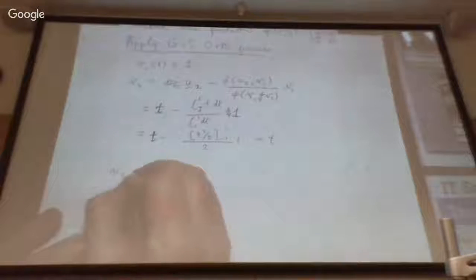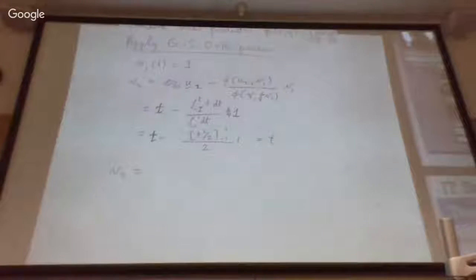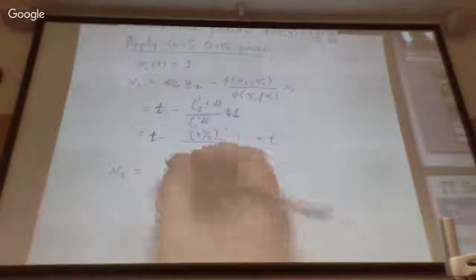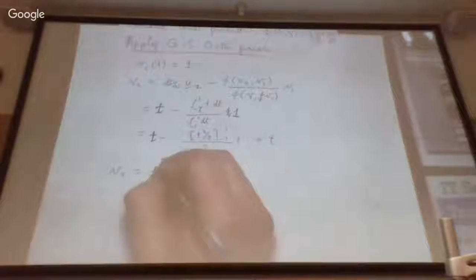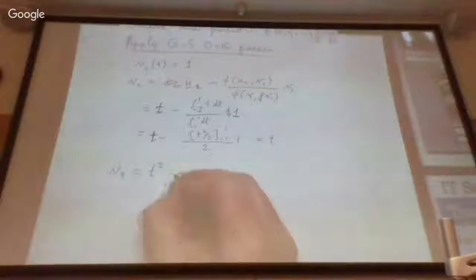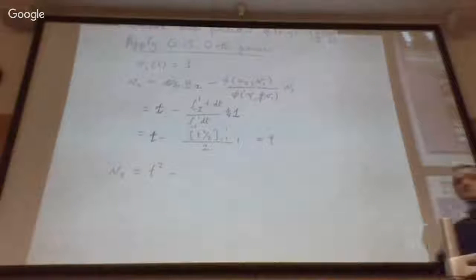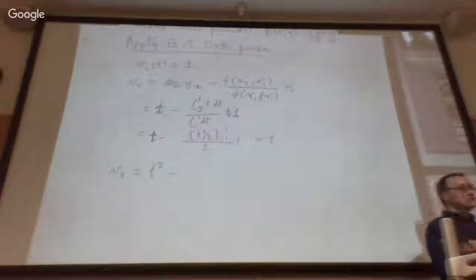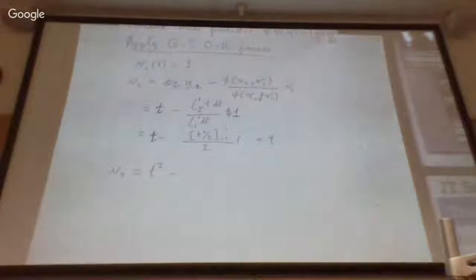The new basis vector V3 is going to be the old basis vector, which was t squared. Then we subtract its projections onto both V1 and V2, the two new basis vectors that we're working with.